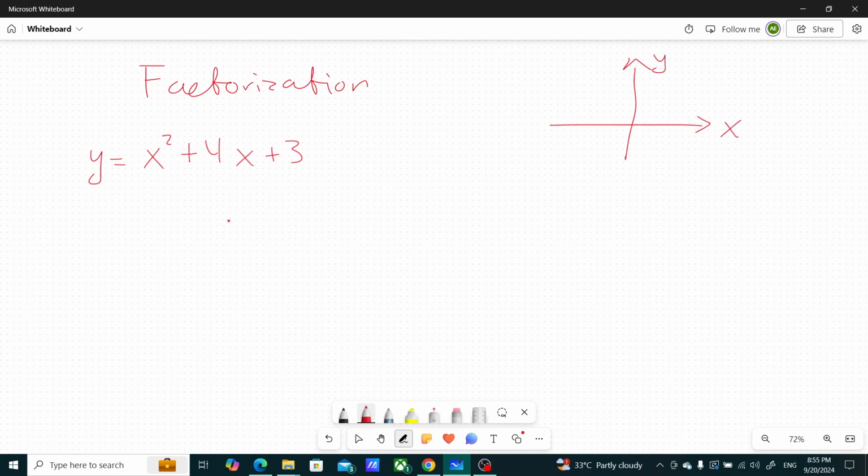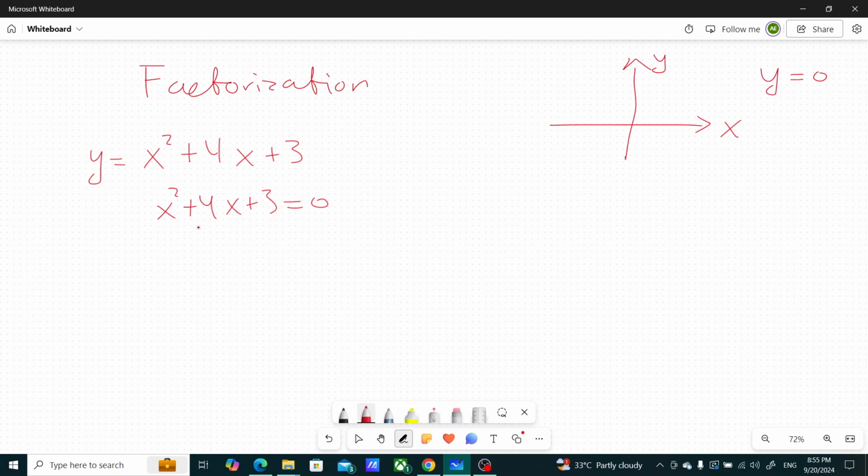And we know in order to know where the graph intersects the x-axis, we always need to set y to 0. So this is going to be x squared plus 4x plus 3 equals 0, or I can just move the 0 to the other side. I like to work like this. No difference at all. So we said we have two ways to solve quadratic functions, either the quadratic formula or factorization. Let's take a look at factorization.